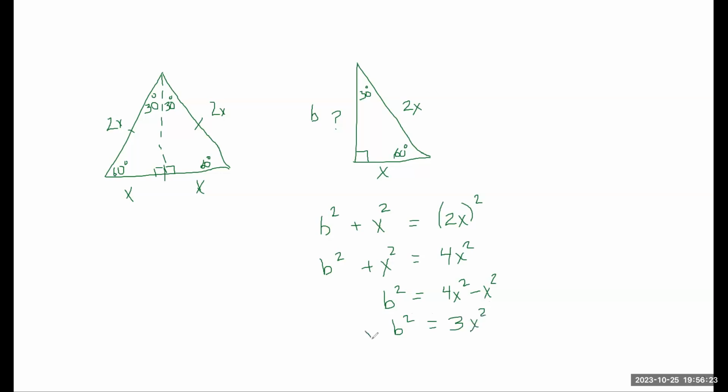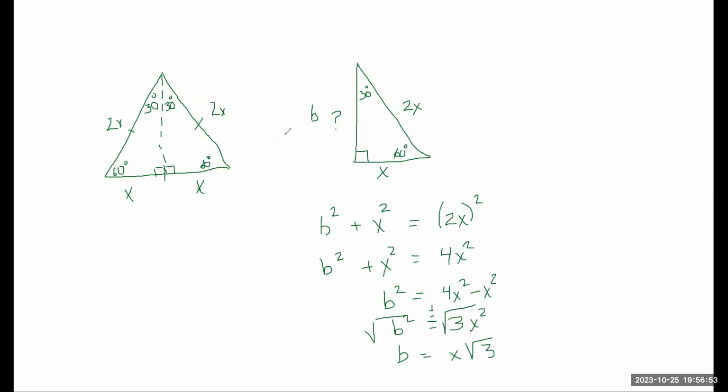I'm going to take the square root of both sides. And yes, I'm going to put a plus or minus because that's what I do. The square root of b squared comes out to be b. I'll ignore the plus or minus now. The square root of 3x squared, the square root of x squared just comes out to be x, and we have a radical 3. And this is going to lead me into my song.